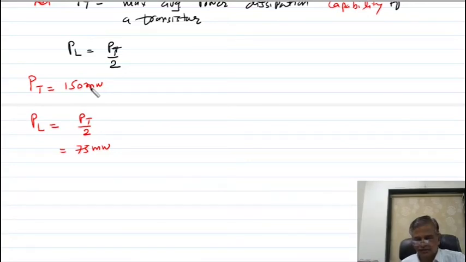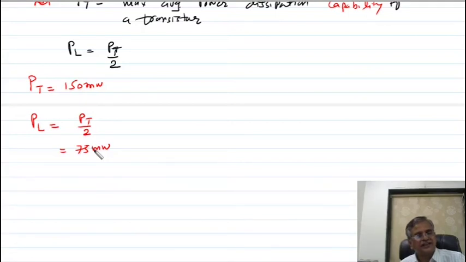So remember, PL is nothing but PT by 2. Suppose someone says I want to deliver PL of 300 milliwatt. What should be my minimum value of PT? The PT of a given transistor should be at least 600 milliwatt.